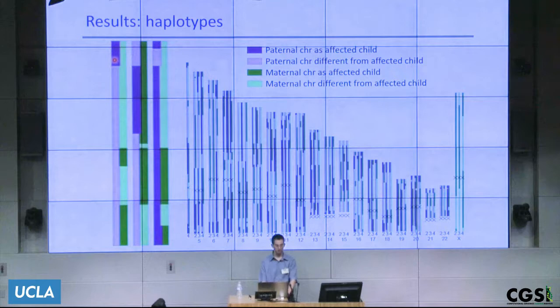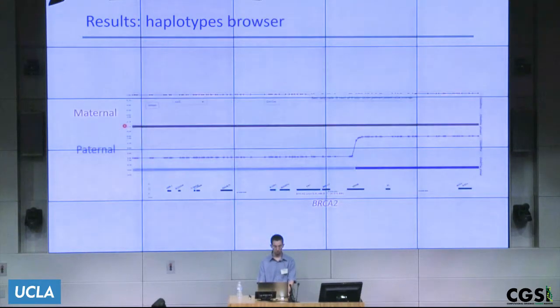The left bar corresponds to the paternal chromosome. It will have a dark shade if the paternal chromosome of the embryo or child is the same as the affected one, and a light color if it's different. And similarly for the right bar in each pair, which corresponds to the maternal chromosome. So this is just a quick way to visualize the results.